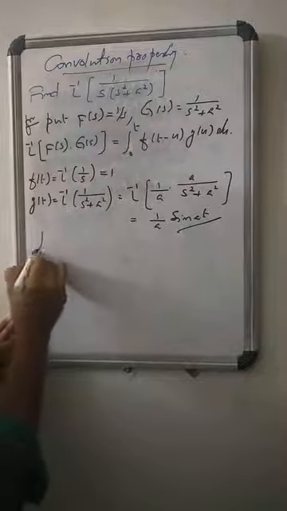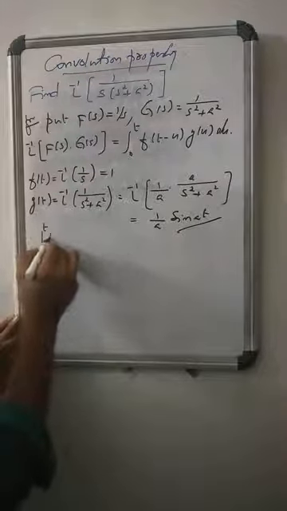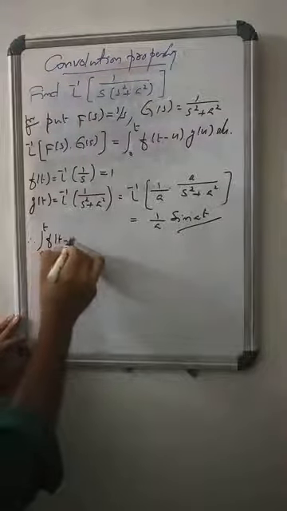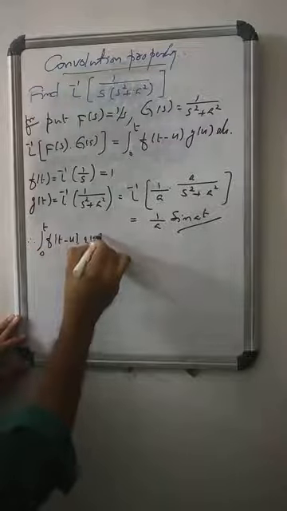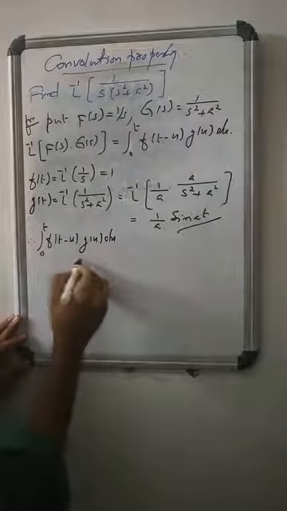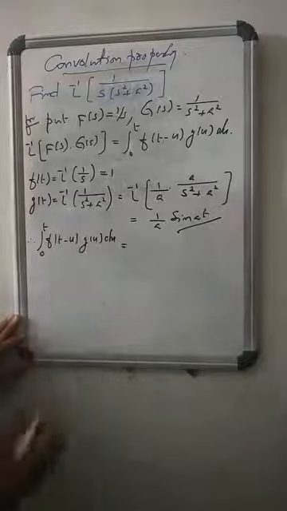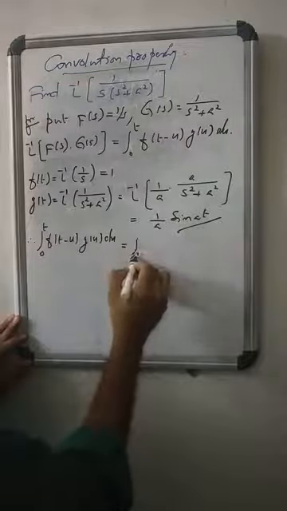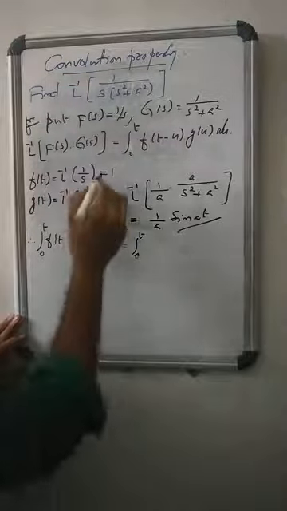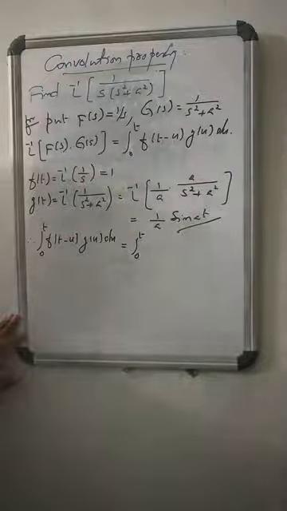Therefore, integral 0 to t f of t minus u g of u du equals, what do you get? Integral 0 to t, what is f of t? f of t is 1, that's a constant function.